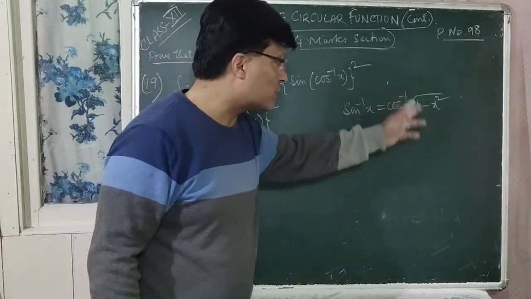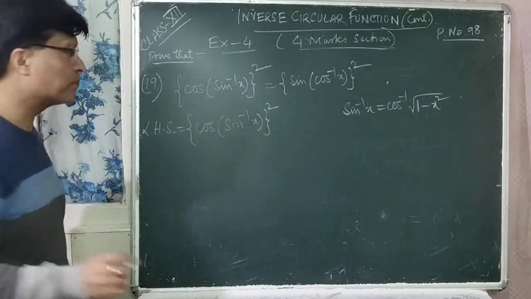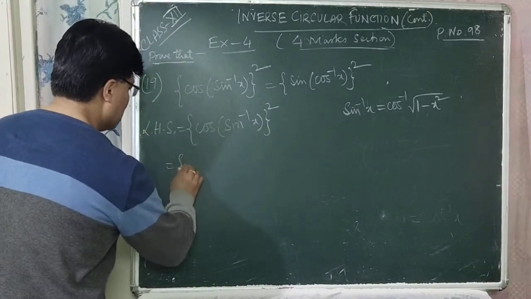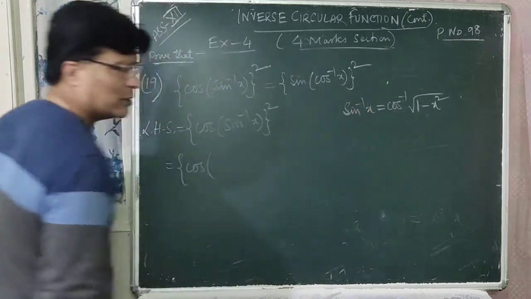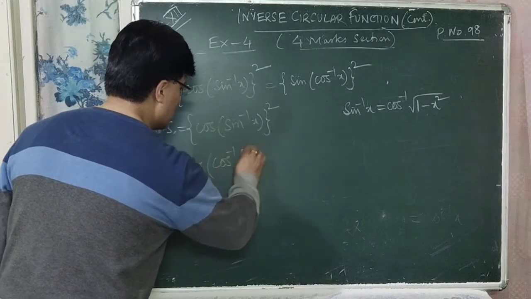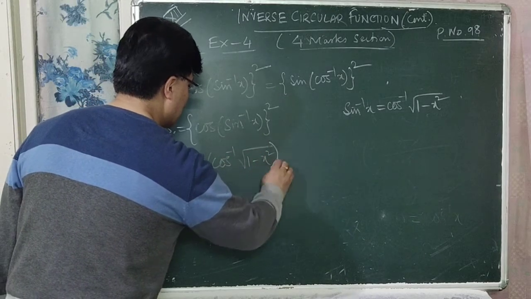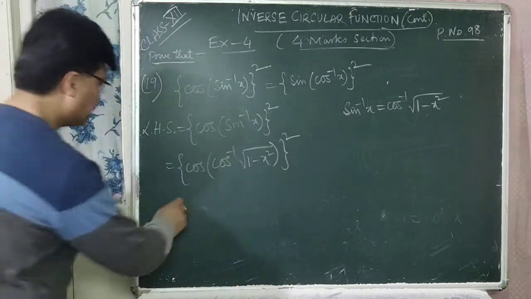Sin inverse x in terms of cos inverse is cos inverse root over 1 minus x square. Is that clear? So now it's equal to cos within bracket, cos inverse root over 1 minus x square, second bracket closed, whole square.